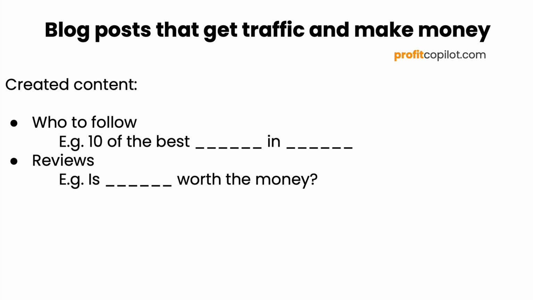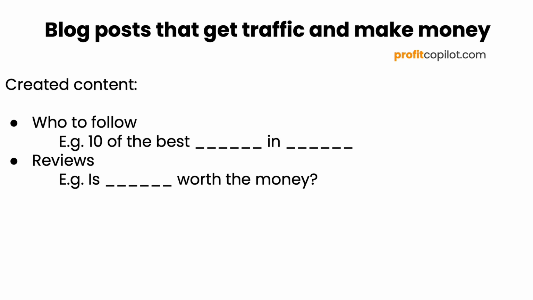Best course of action is always to build an email list instead of just linking to an affiliate link. But when it comes to reviews, you're attracting buyer intent. So people with money to spend, they're interested in a product and they're looking for reviews. They want to know, is it really worth the money? So you tackle that head on.